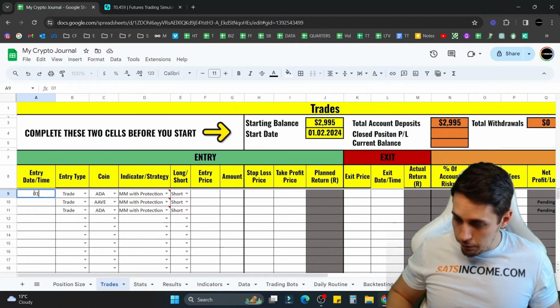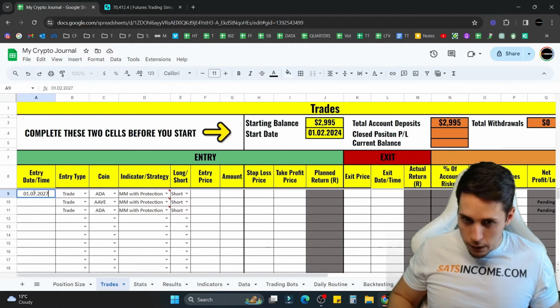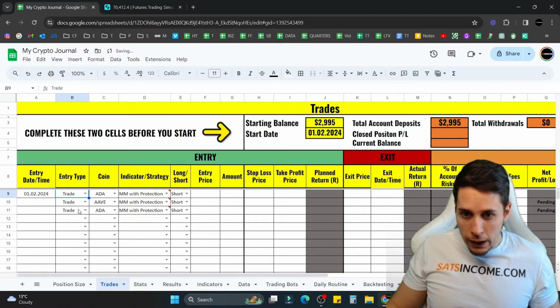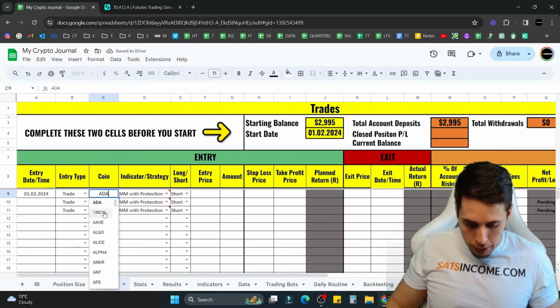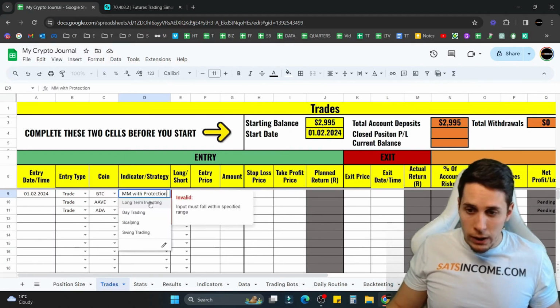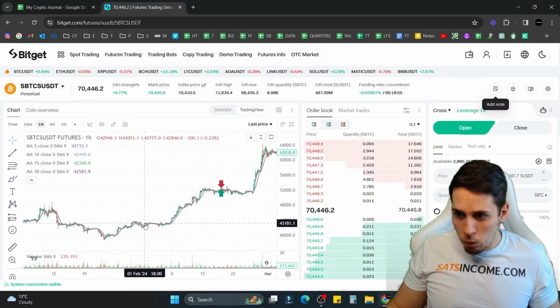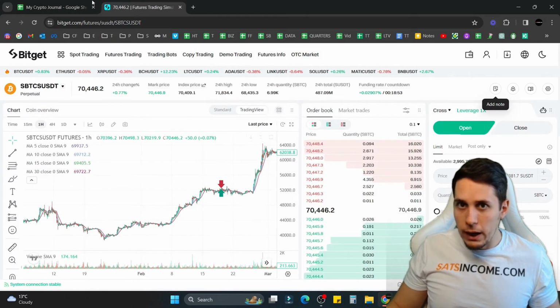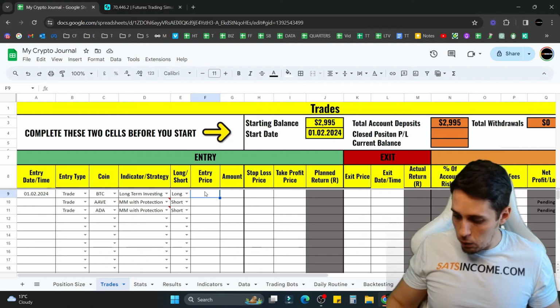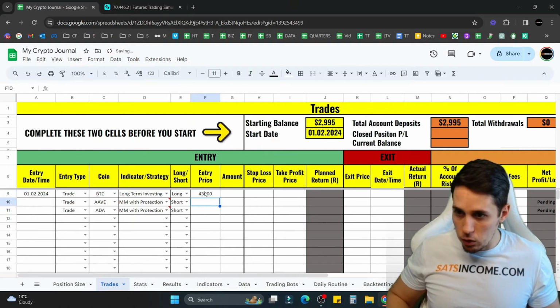So starting February 1st, 2024, we entered a trade on Bitcoin. It was actually an investment. We bought Bitcoin, which is basically long, so you change all of these things. Our entry price was down here at like $43,000.